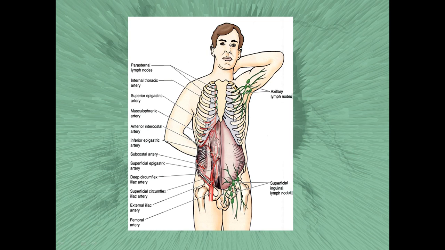So the lymph will drain in these two directions: upwards to the axillary lymph nodes from the upper half of the abdominal wall, and from the lower half of the abdominal wall in the descending direction to the superficial inguinal lymphatic nodes, then to the corresponding trunks and ducts.